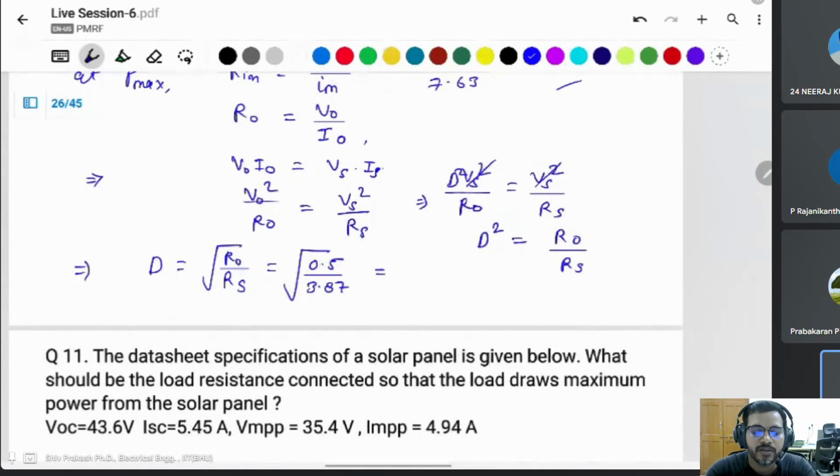Calculate here: 0.5 divided by 3.87, root of this. 0.359 is the duty cycle for getting the maximum power from the solar panel.